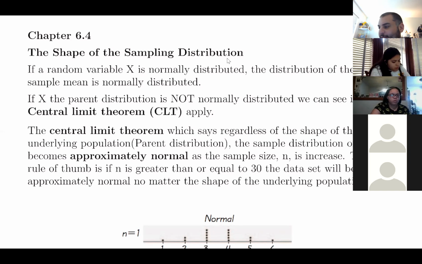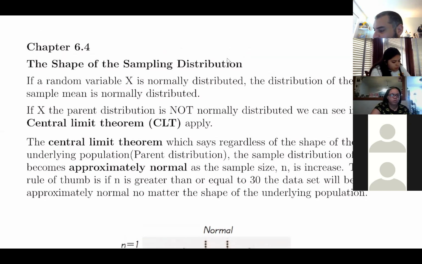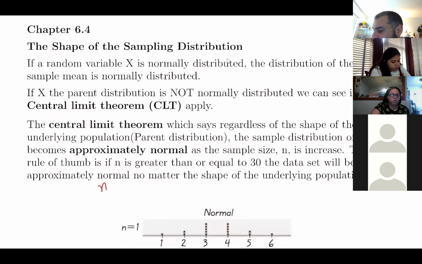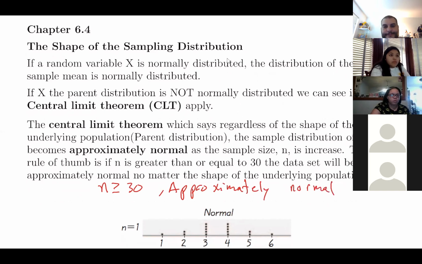But usually the rule of thumb: if n is greater than or equal to 30, we say approximately normal. Everybody kind of go with that?